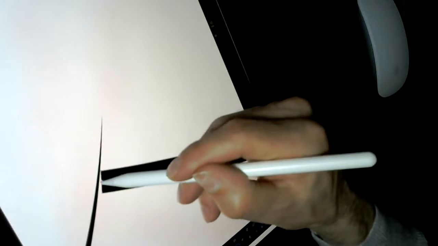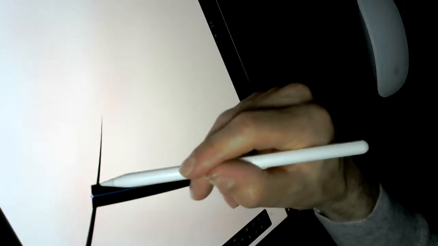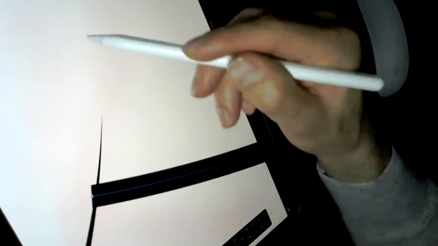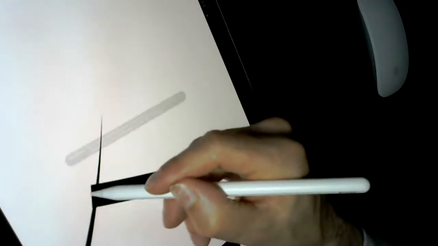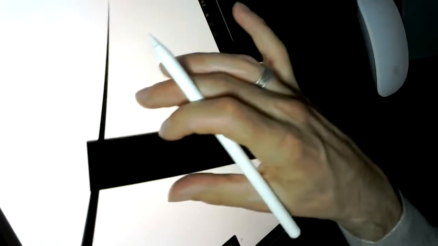Now see how this line sits over that line, and it doesn't quite match. What I can do is go back into the raster side of things and hit the eraser button. If I turn my brush thickness down, or width down, sorry, I can then rub out some of the line.